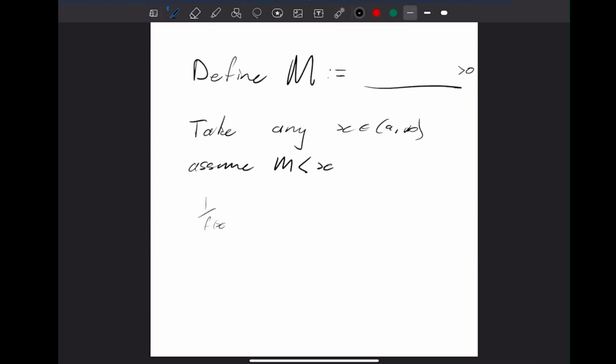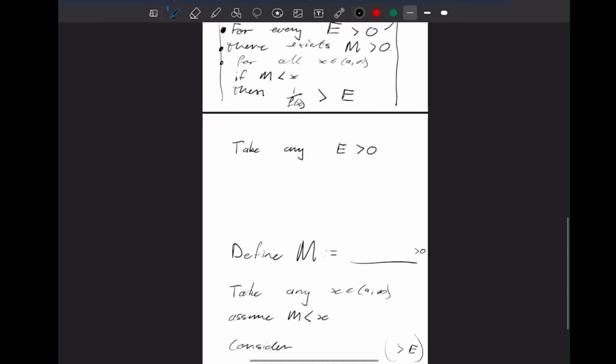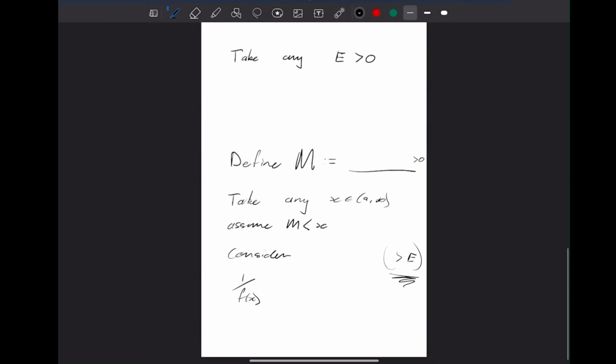We want to show that 1 over f of x is bigger than big E. So that is where we want to get. So let us write it this way. Consider 1 over f of x, and that we want to get bigger than E. Okay, so here we now have our proof outline.